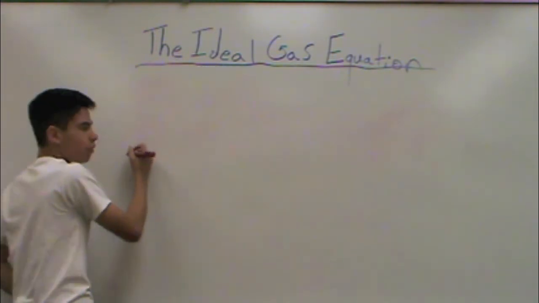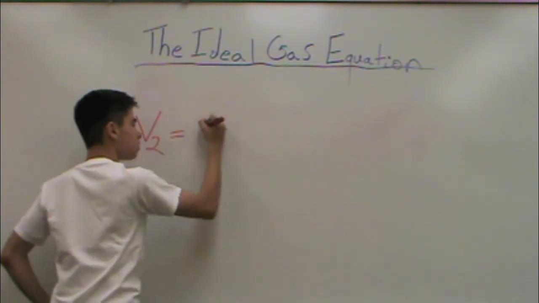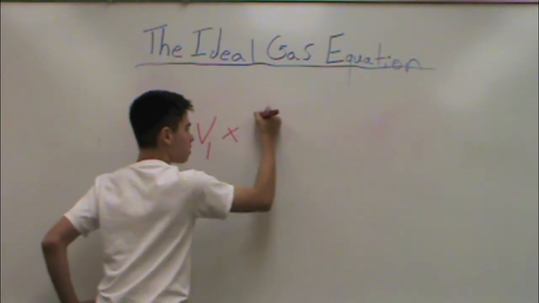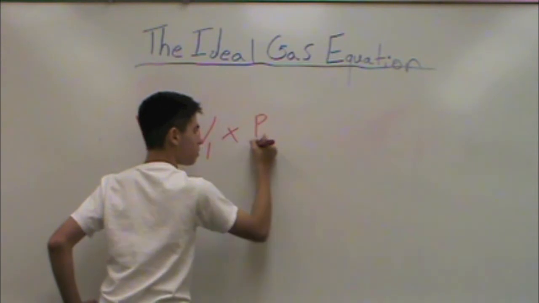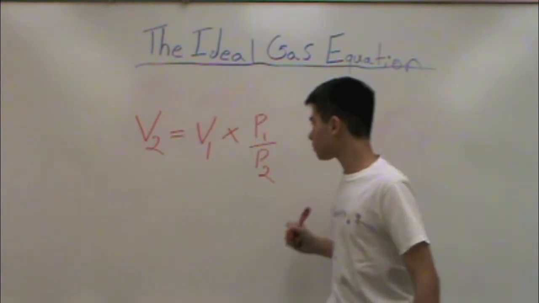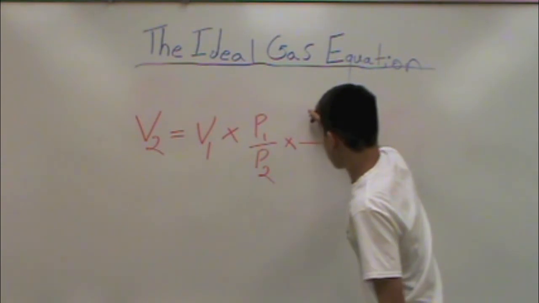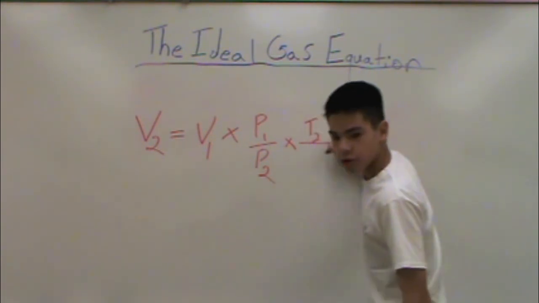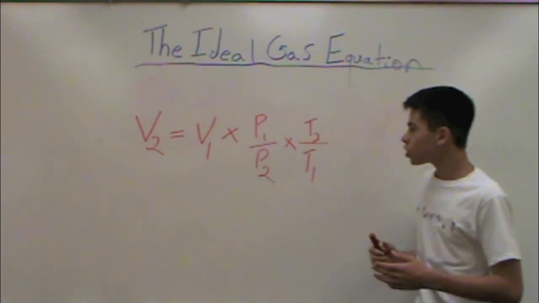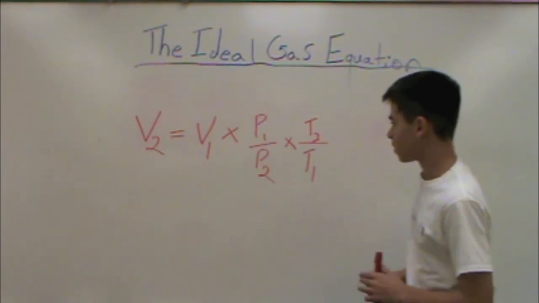Rearranging the equation, we can get final volume is equal to initial volume times initial pressure over final pressure times final temperature over initial temperature. So now let's go ahead and plug in the values for the problem that we're working with.